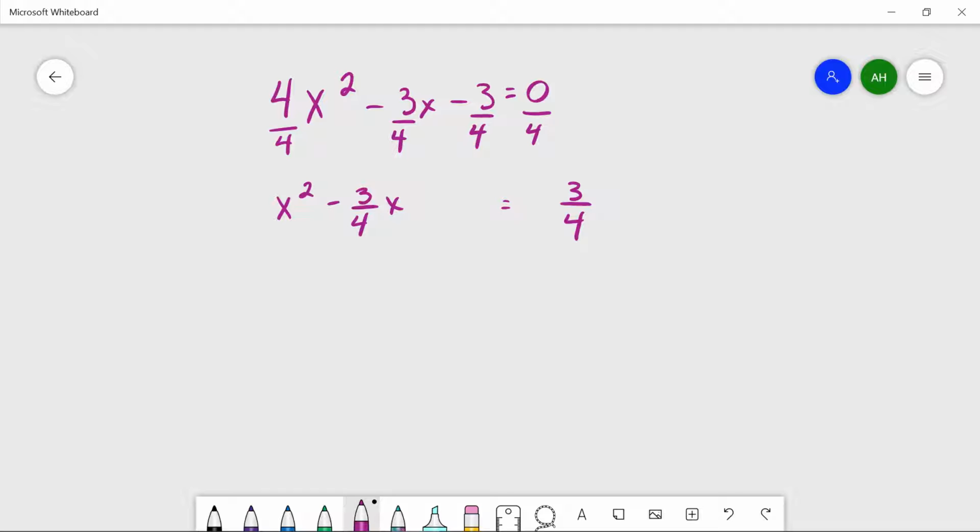Okay, so I'm going to take my middle term right here, which also happens to be 3/4, multiply it by 1/2, which is going to give us 3/8, which I'm going to square, which will give us 9/64. So I'll add 9/64 to both sides.